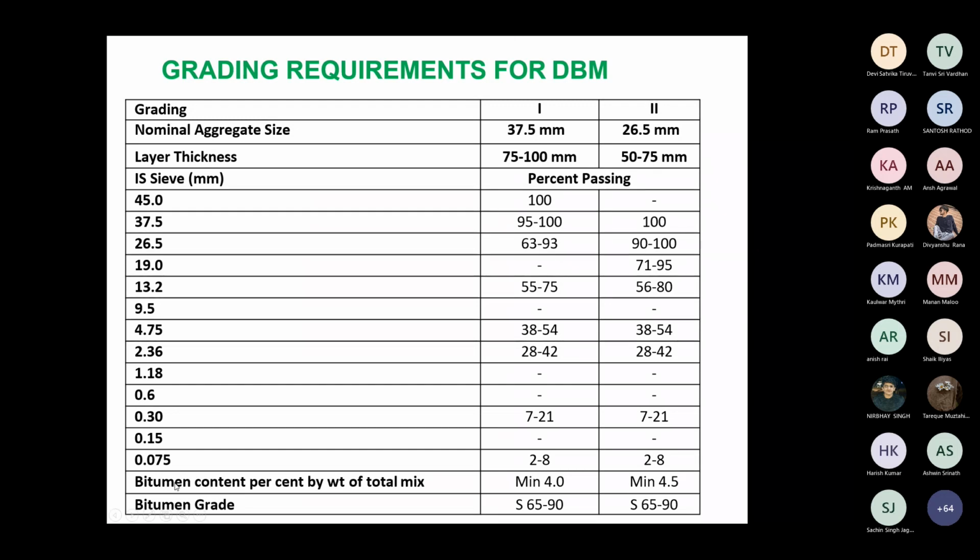Another important one is to find the binder content. If you are using grading 1, the minimum requirement is 4, and for grading 2 the minimum is 4.5. Okay, so you have to do the mix design to find the optimum binder content required.